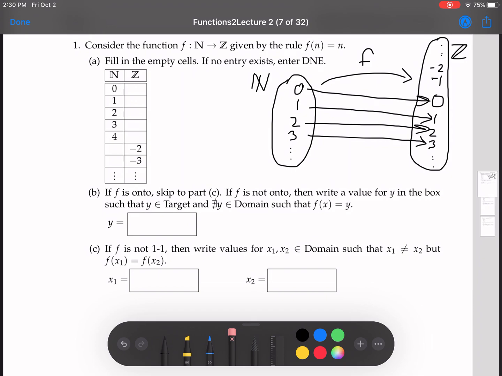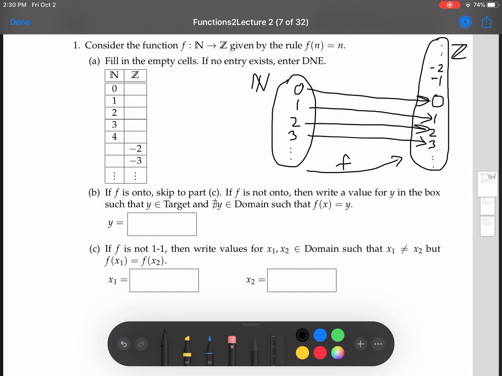Okay, now the one thing to notice is that the integers don't get hit. Or rather, not all of the integers get hit. Some of the integers get hit, but not the negative integers. The negative integers do not get hit.